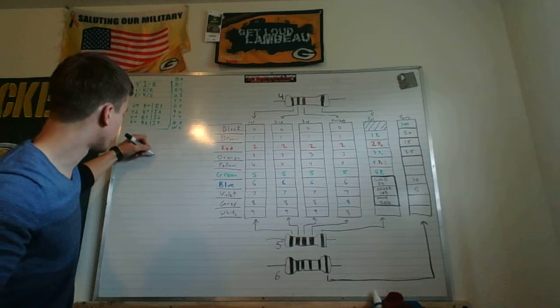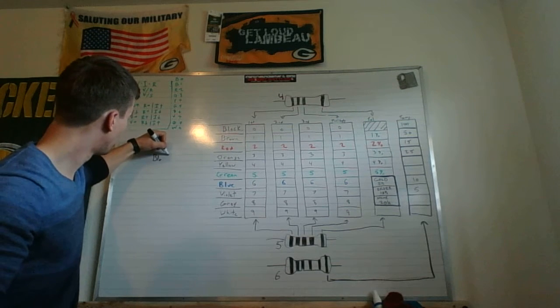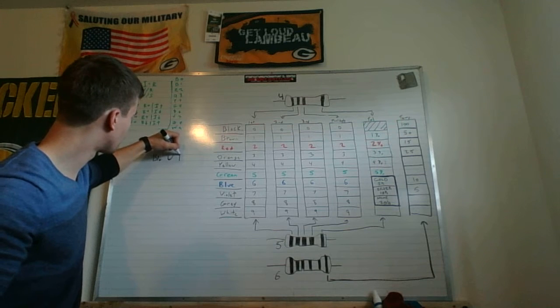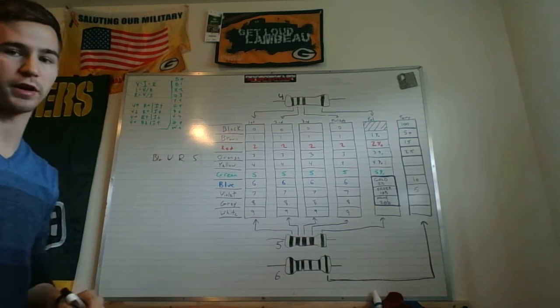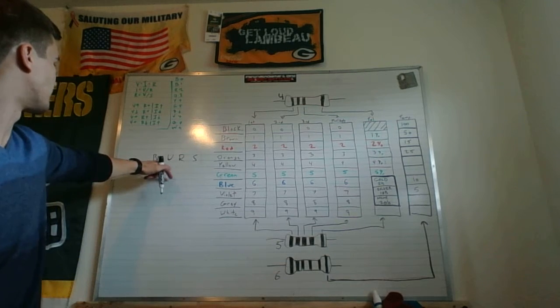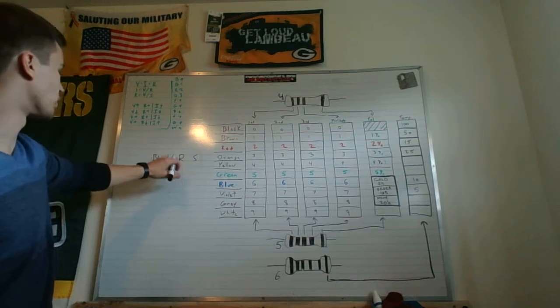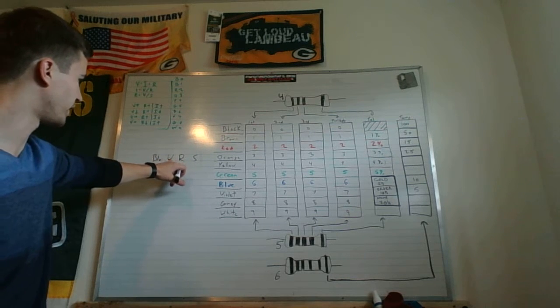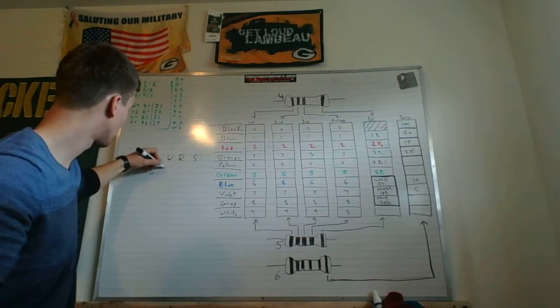Let's say it is a blue, violet, red, silver resistor. First digit is a number itself, so that's 6. Second color is the number itself, so that's violet, which is 7.